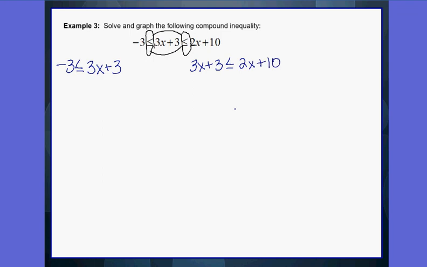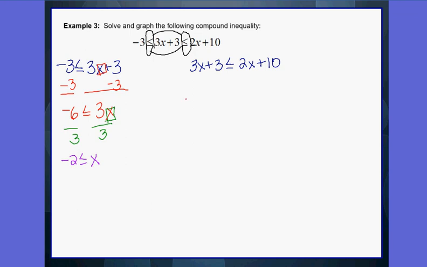Okay, time to solve. This side is still a two-step equation. We subtract 3 from both sides. Same sign, add. I want to isolate x, so I divide by 3 on both sides. I have -2 must be less than or equal to x.